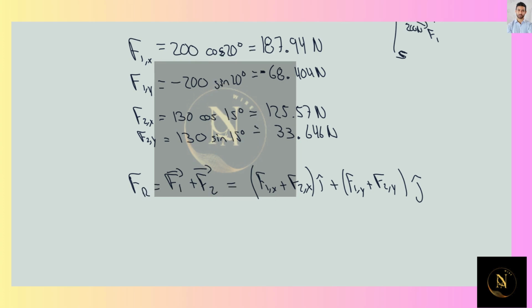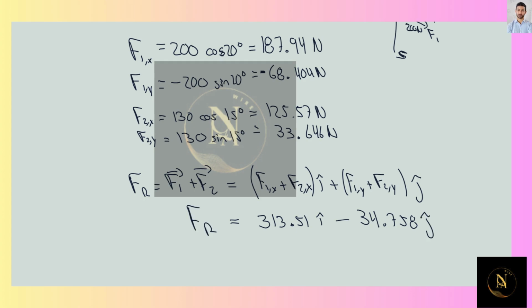So the resultant force is going to be, let's add up 125.57. Let's add these guys up. This is going to be 313.51 on the y-axis. On the other hand, we're going to get minus 68.404 plus 33.646, giving us minus 34.758 on the y-axis.